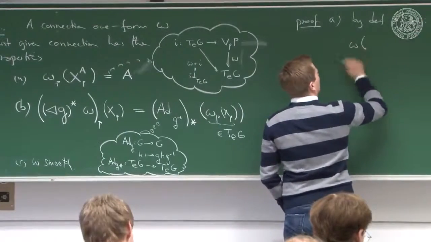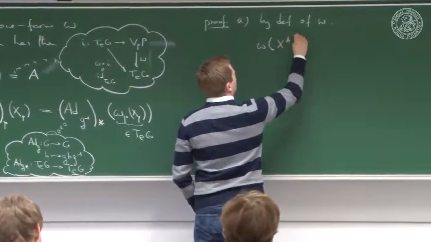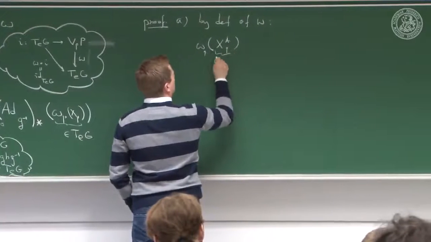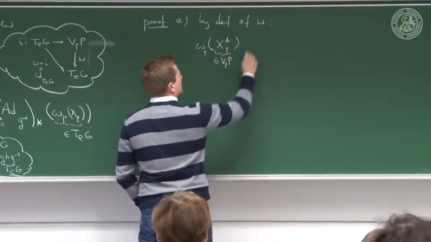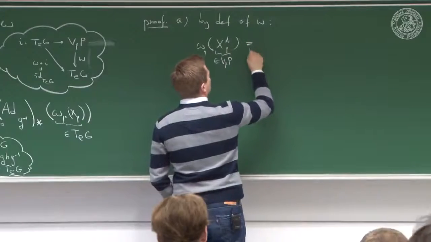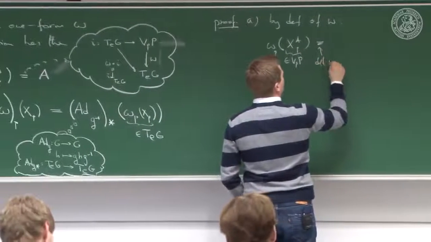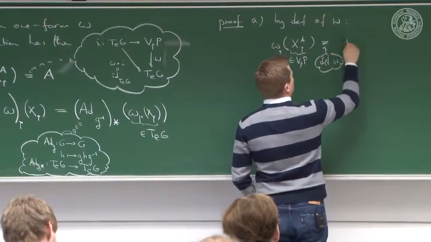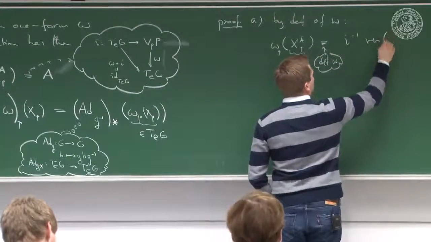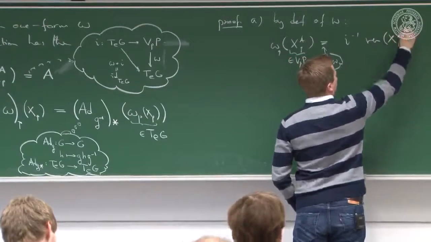So omega of XA at P, we know this is in the vertical space, and that's the definition of omega, it is I inverse of the vertical part of whatever has been provided.